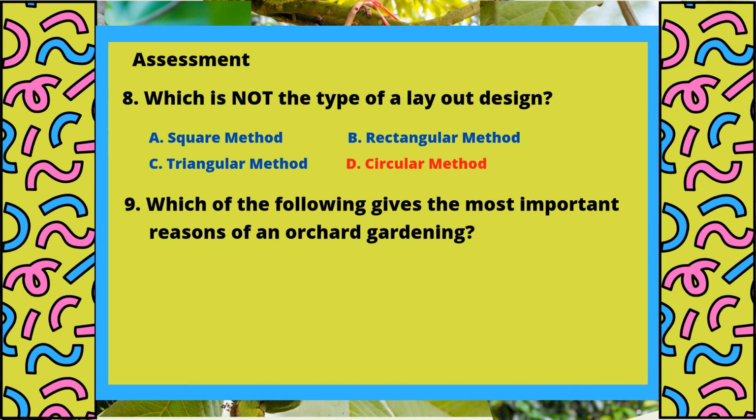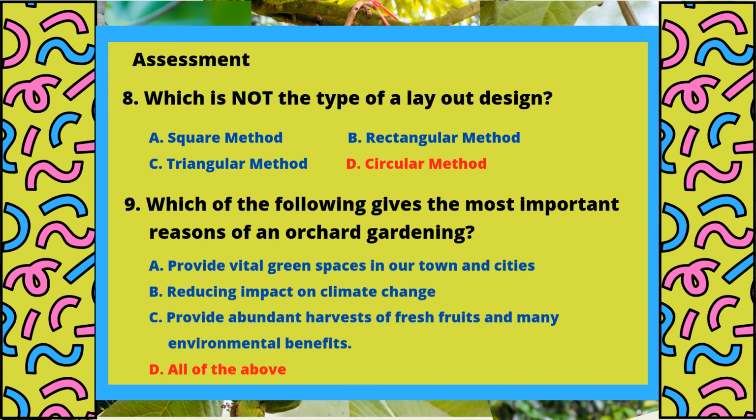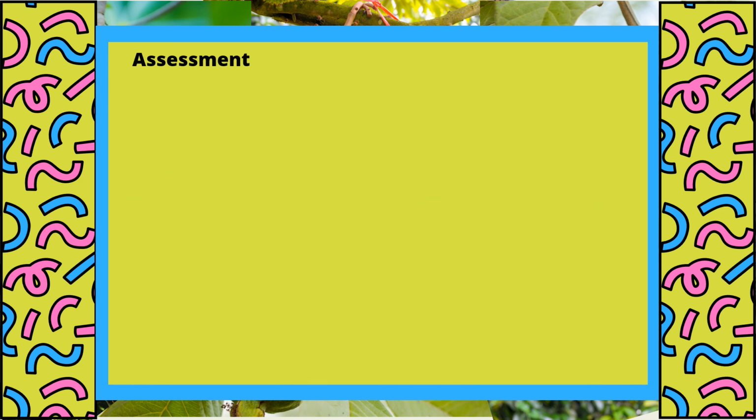Letter D, circular method. Number 9, which of the following gives the most important reasons of an orchard gardening? All of the above. It provides vital green spaces in our towns and cities, reducing impact on climate change, and it provides abundant harvests of fresh fruits and many environmental benefits.